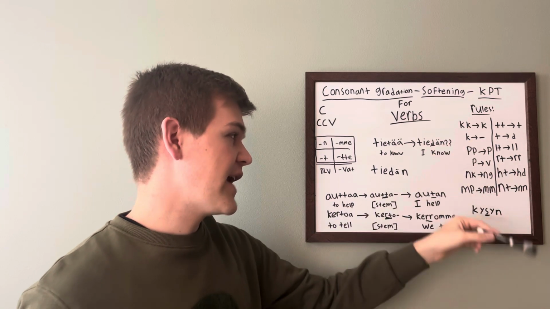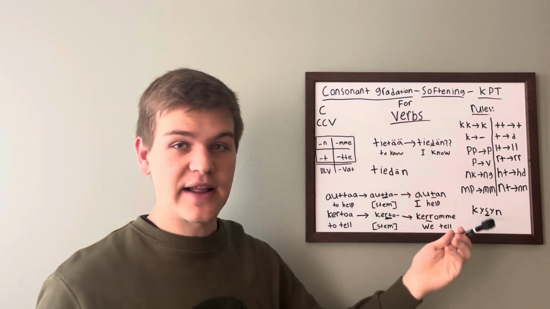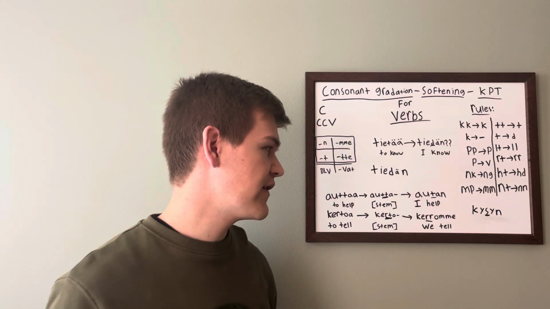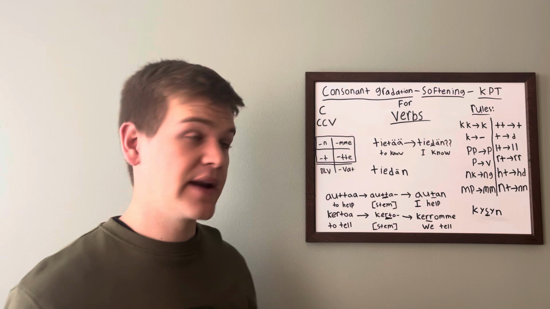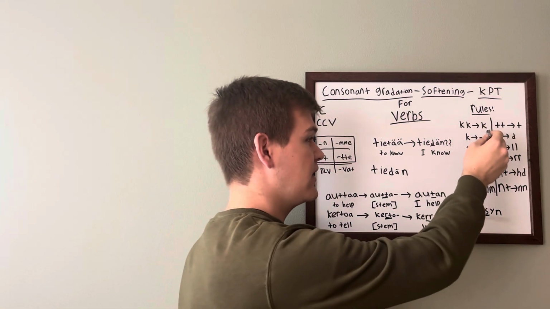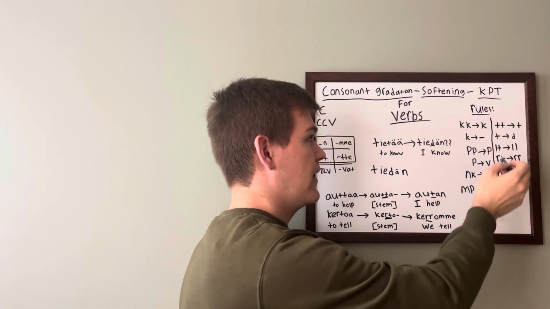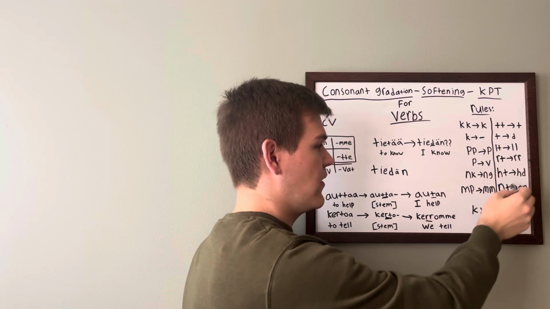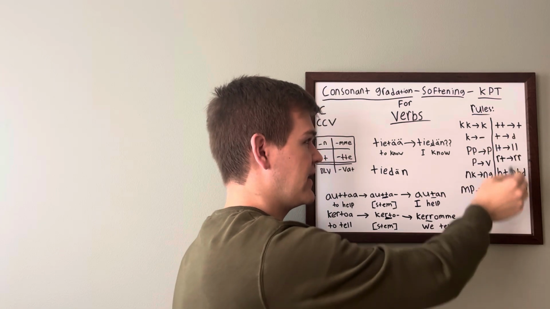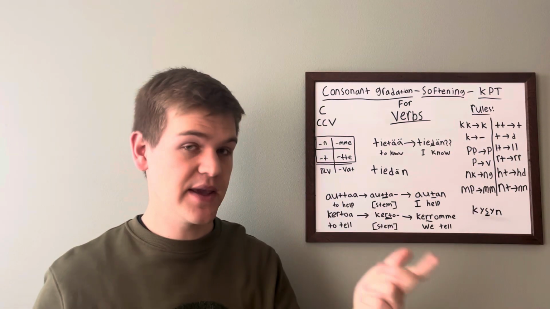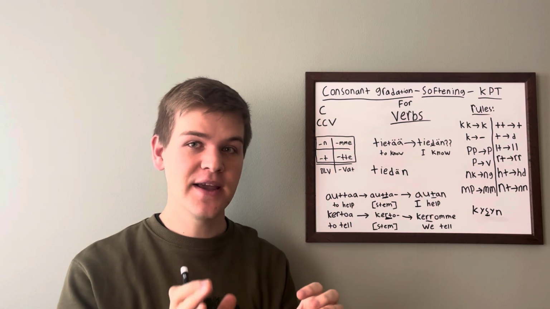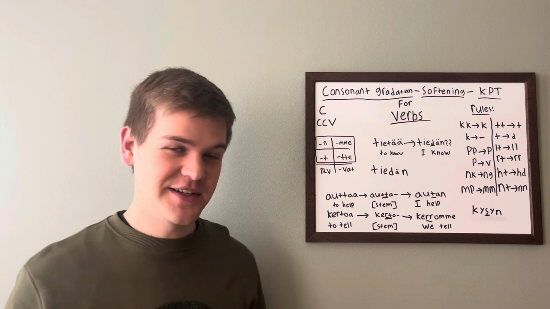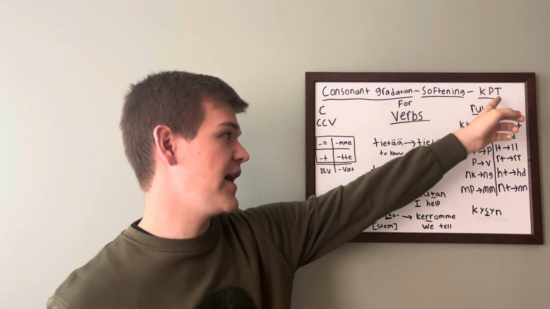So if you've got an ST or SP, if it ever has S as part of that combination, you don't have to soften. Another really important thing is they all end with a K, a P, or a T. All of them end in K, P, or T, whether it's a single K, P, or T, or a combination of letters where the second one is K, P, or T. They all have a K, P, or T, which is why this is sometimes called KPT.